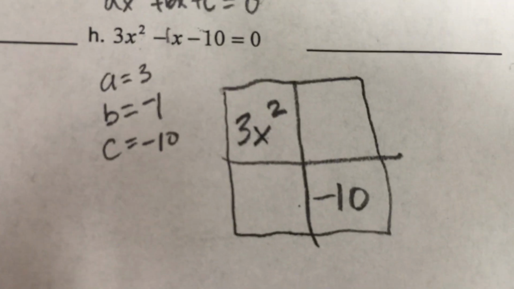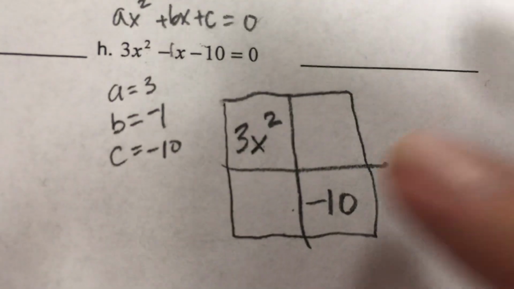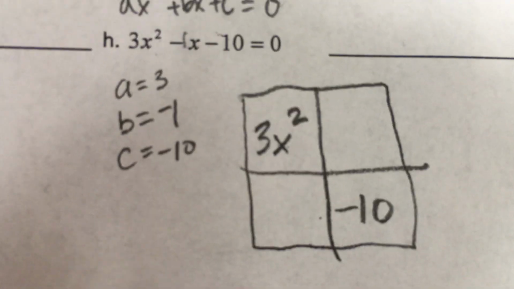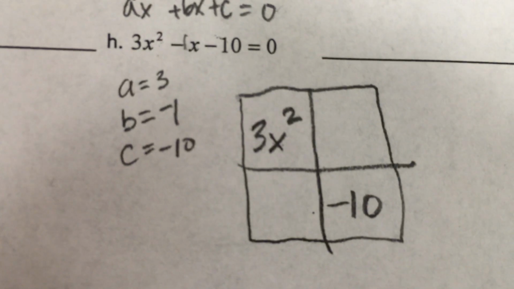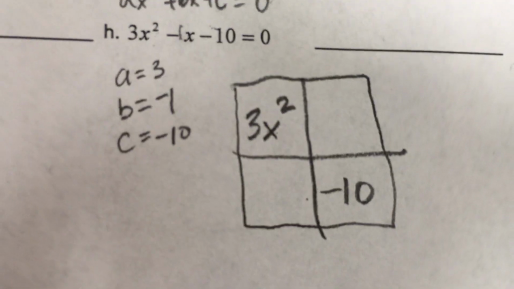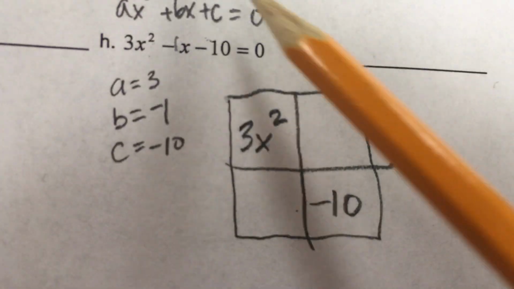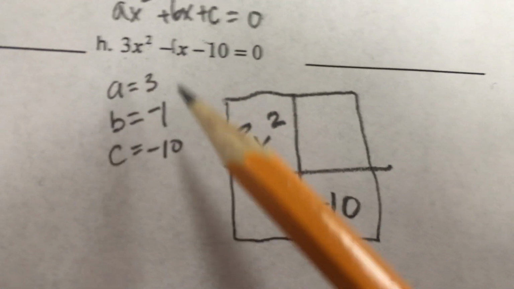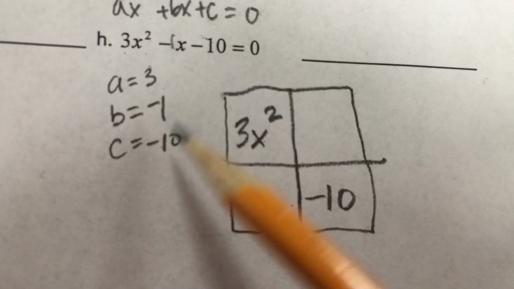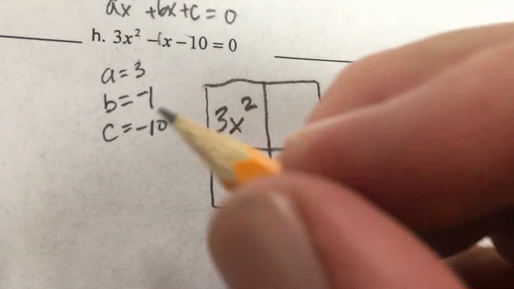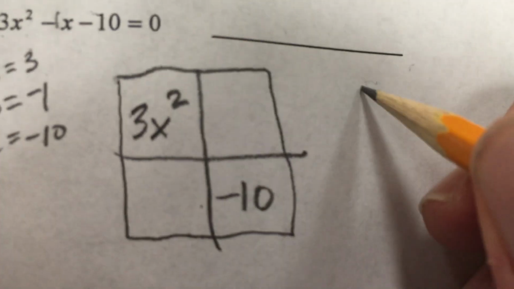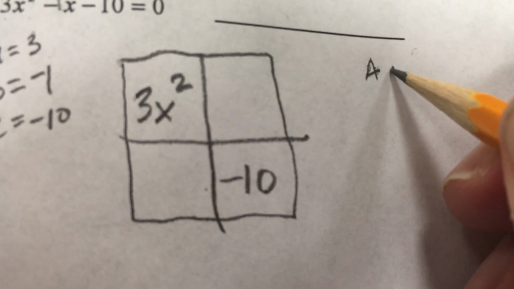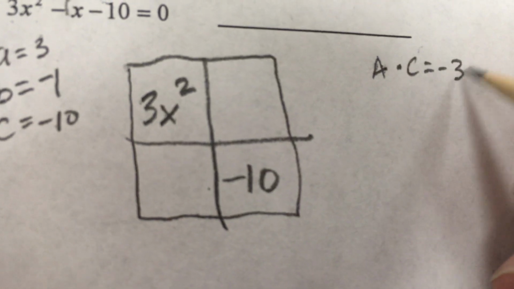And then we need to find the two missing values that go in the other boxes. We have been using our calculator to do that. So what we're going to put in our calculator is multiplying the a number times the c number. So 3 times -10. That's going to give us a times c is -30.